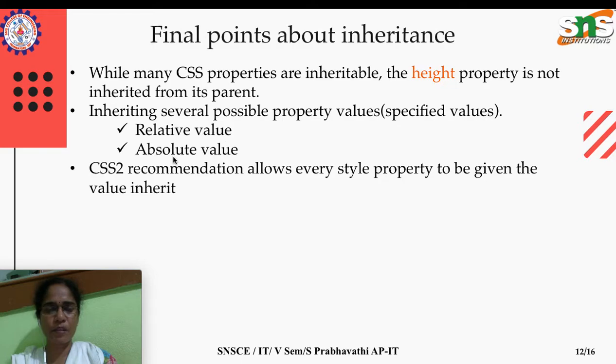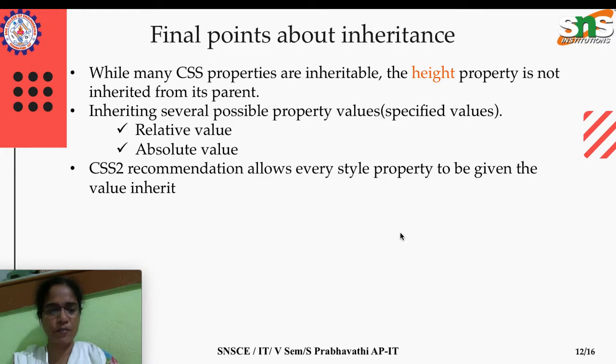If we specify a value, that also will be inherited, and also the relative values. And CSS2 recommends all the style properties to be inherited, whether they are really inherited or not. By default it is recommending that style properties be given an inherited value.